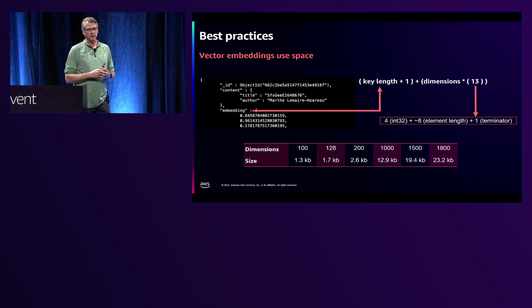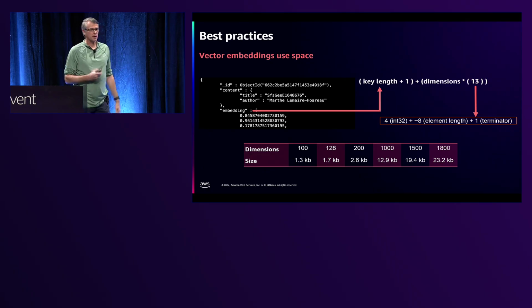But the trade-off is the more dimensions you have, the more space that embedding is going to take, right? And again, we're embedding these vectors in our JSON documents in DocumentDB. So you see an example there on the top left. The embedding is in the field called embedding, and there we see the beginning of this array of all the dimensions.